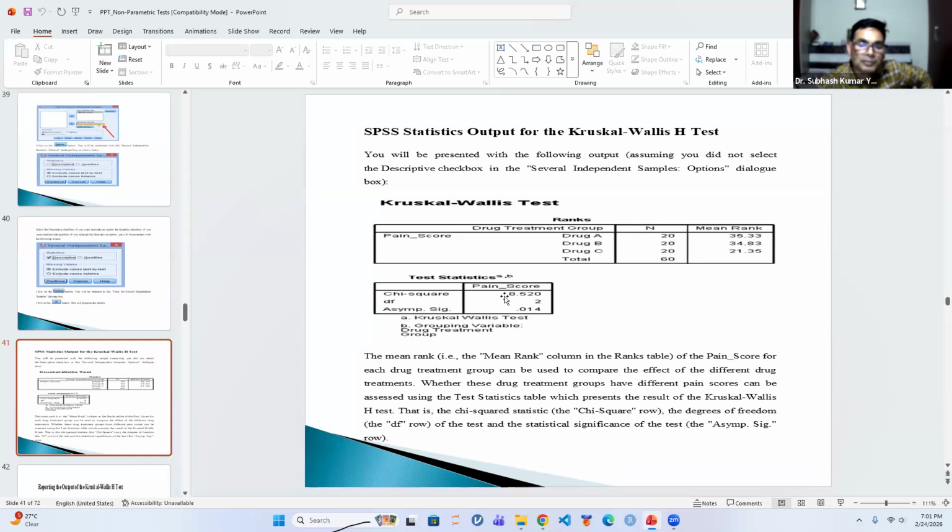Here you can see the p-value is 0.014, which is very much less than 0.05. So we reject the null hypothesis that the effects of the three drugs are the same. And if we are using the typing time test, it is going to be different, because the null hypothesis is rejected there.